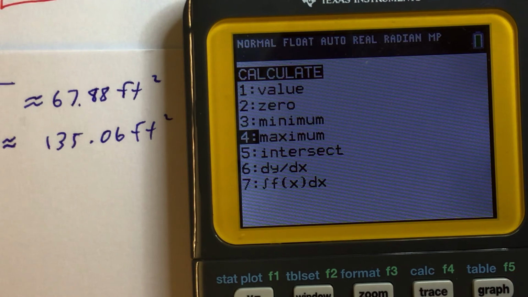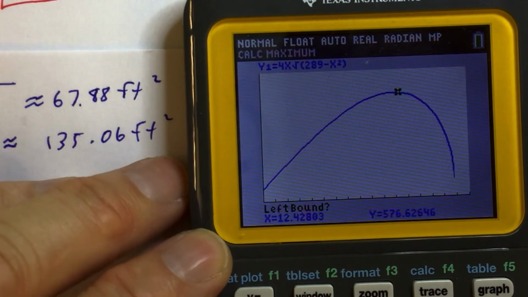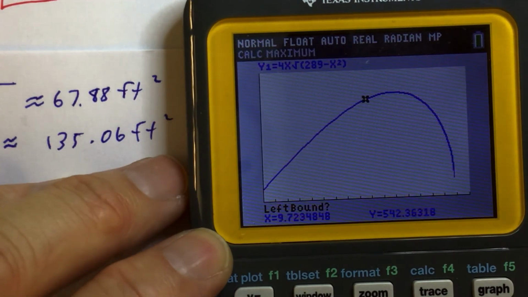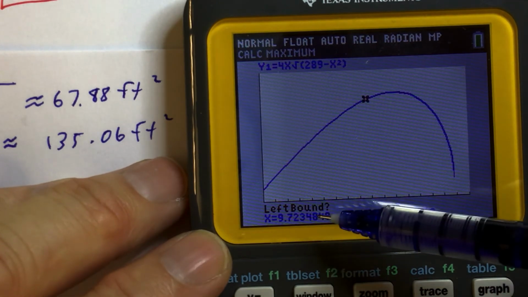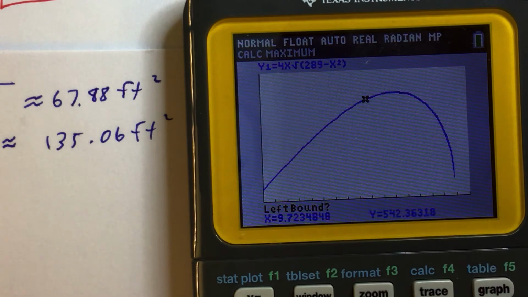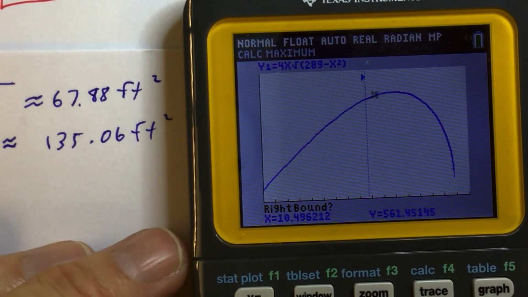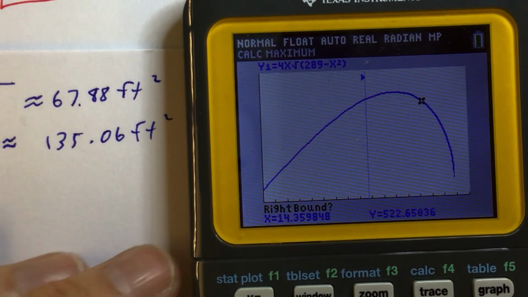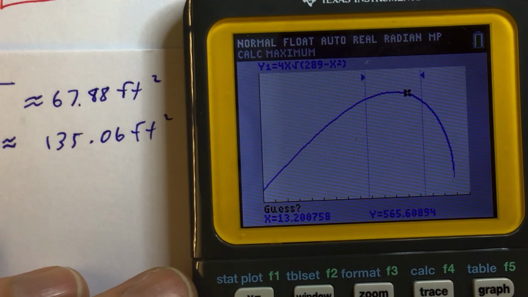On the calculator, it's second calculate, maximum. If you're in Desmos, just put your cursor to the high point and click on it, and it'll lock in the coordinates. But on a calculator, we do second calculate maximum, move the cursor to the left because it's asking us to designate a left bound, enter, and then we move the cursor to the right, enter, and then we back it up a little bit and we hit enter.